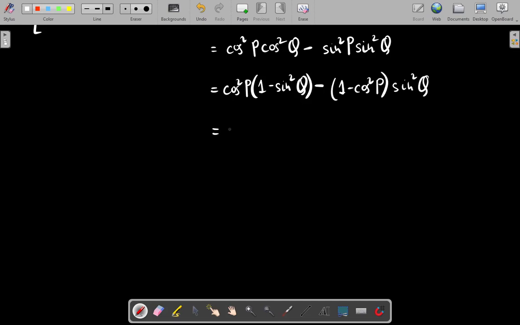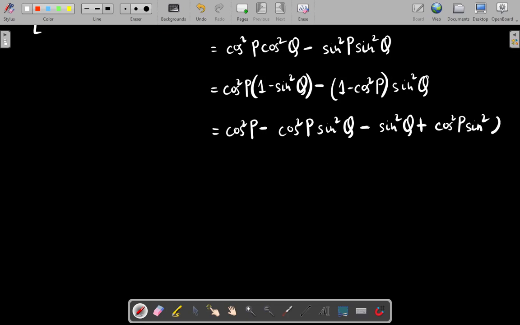So this gives us cos square p minus cos square p sin square q, and when multiplying the second term, this gives us minus sin square q, and this minus minus gives us plus cos square p sin square q.